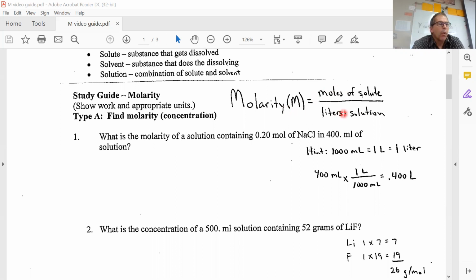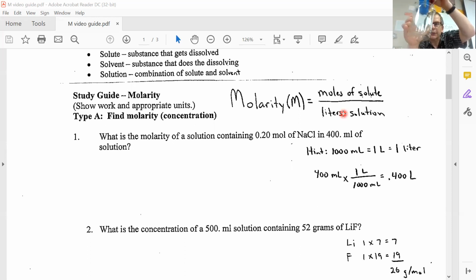So how would that work? Let's say I had a 1 liter beaker. If I put in 1 mole, it would be a 1 mole per liter solution. If I put 2 moles in this 1 liter, it would be a 2 molarity solution. Notice 2 molarity is twice as strong or twice as concentrated as 1 molarity.